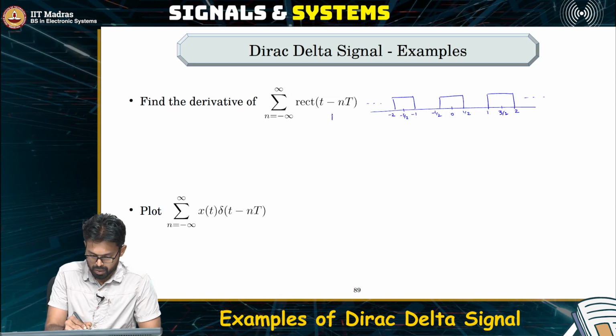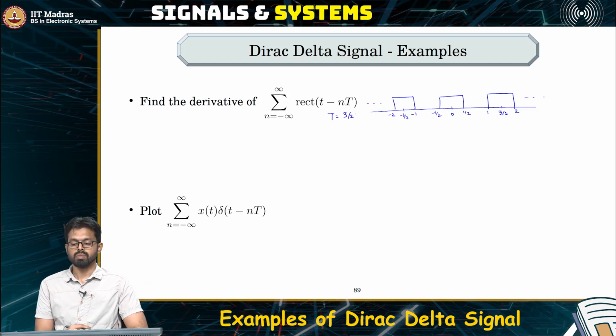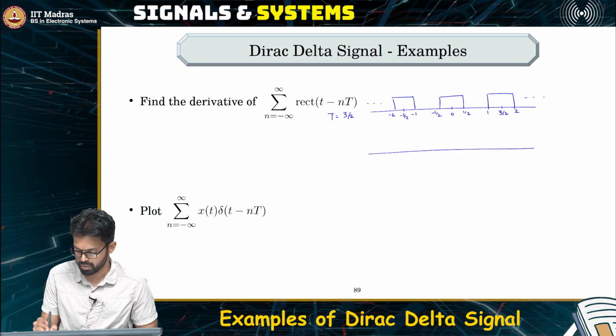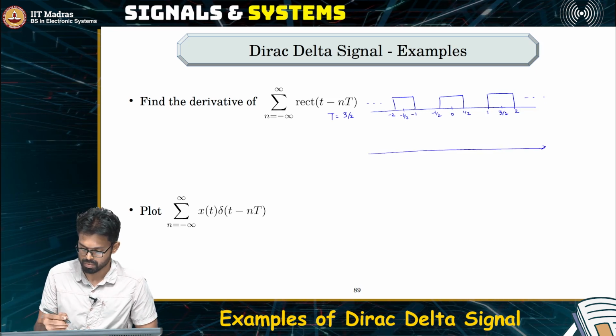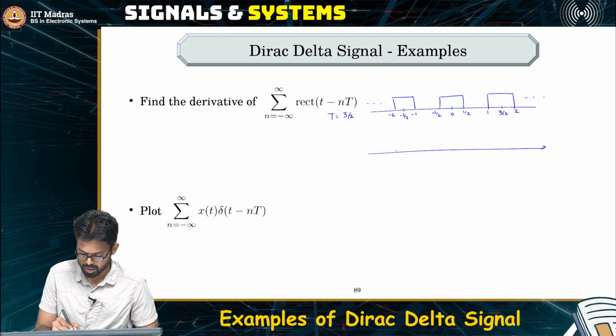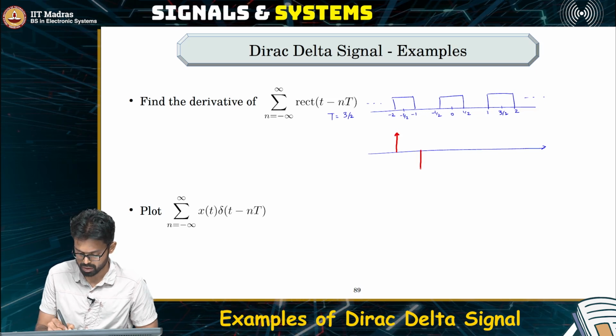So here capital T is 3/2. Now what happens when you take the derivative? Same thing, you get a periodic signal once again, but now whenever there is an increase, there is a positive impulse.